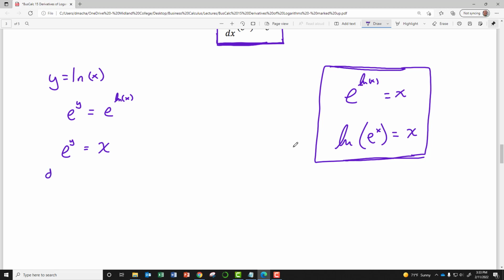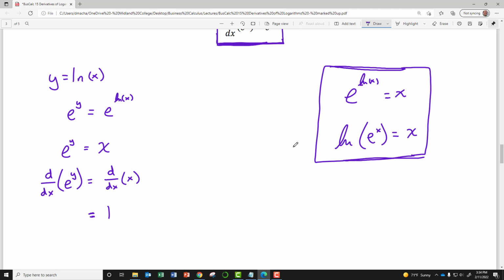Now I will go about taking the derivative of both sides of this equation with respect to x. And on the right side of the equation, this is pretty simple. The derivative of x is 1. That's a power rule if you look really closely at it. On the left side of the equation, this is actually a chain rule because remember, y is a function of x.